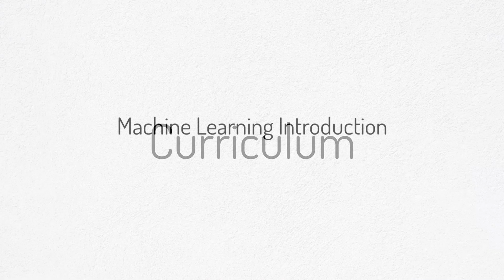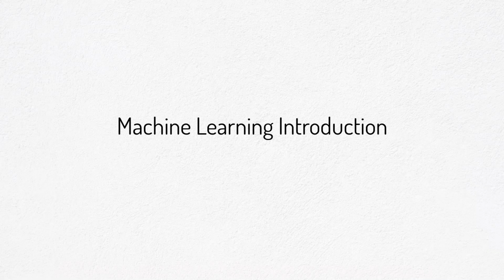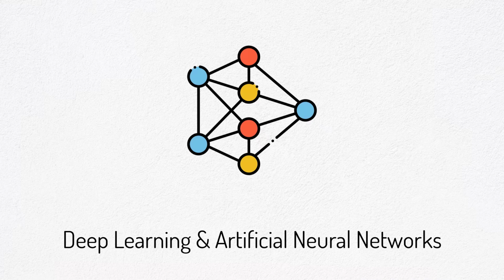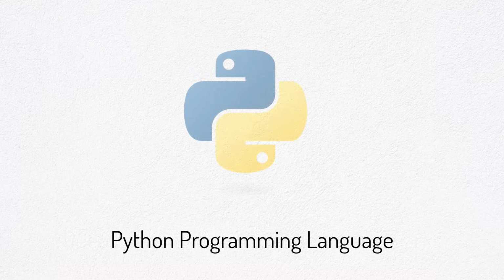So now let's look at the course curriculum. So we will start by learning the basics of machine learning and its types. After that, we will learn about deep learning and artificial neural networks using which we are going to train our models. Then there will be a crash course on Python programming language because using Python we are going to train our ML models.